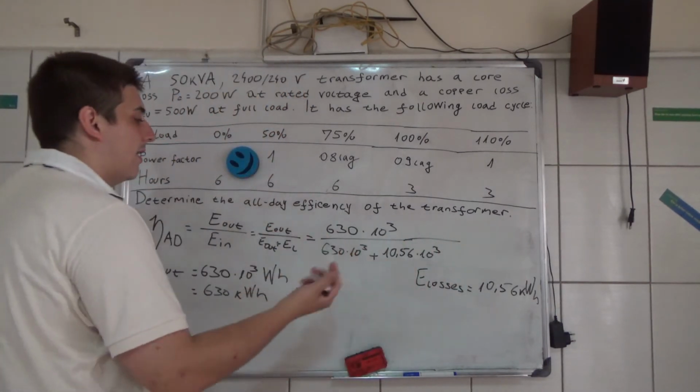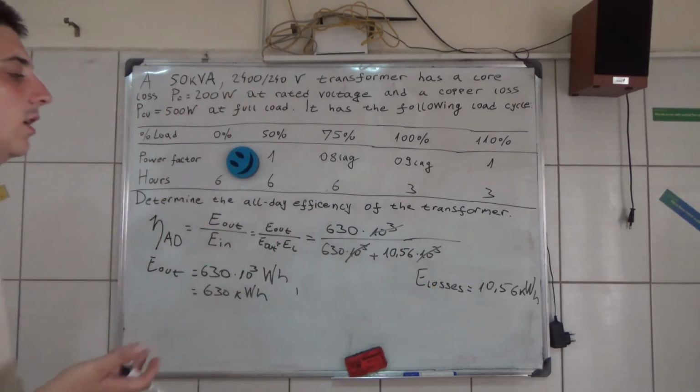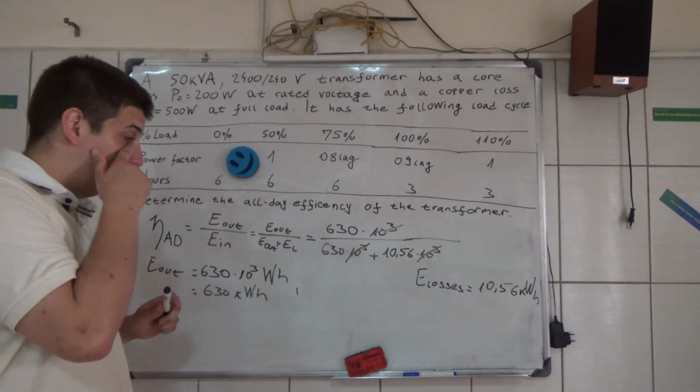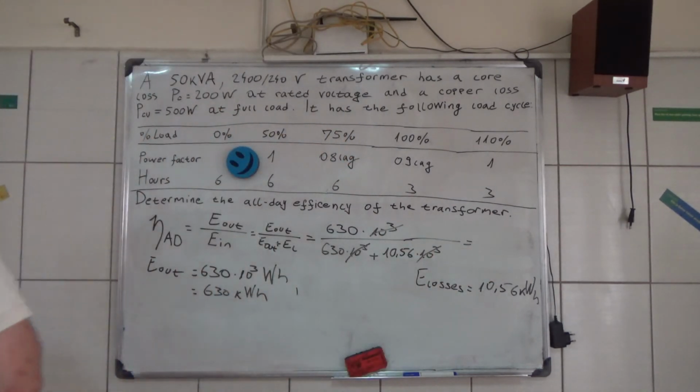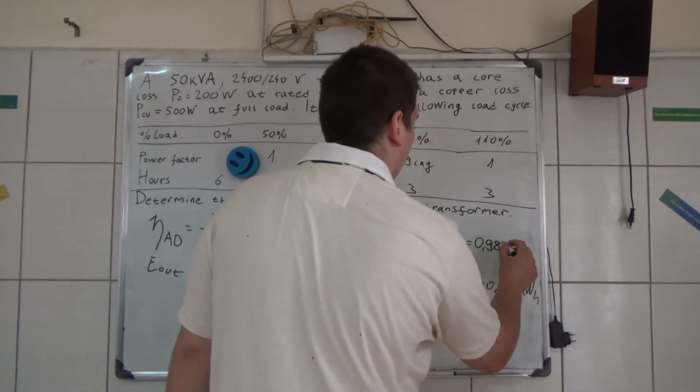We have kilo everywhere in this fraction, so we can cancel it, and the efficiency is 0.9835.